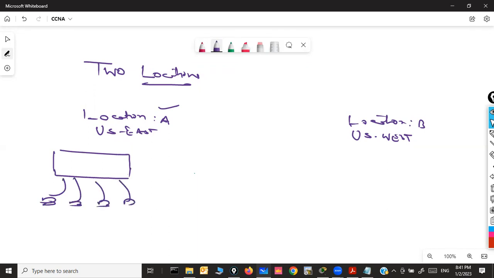In the US East region, in location A, let's say there are end host devices, and here there is a switch.